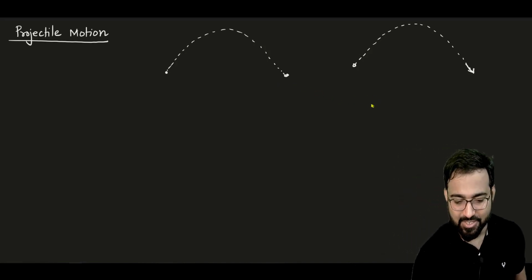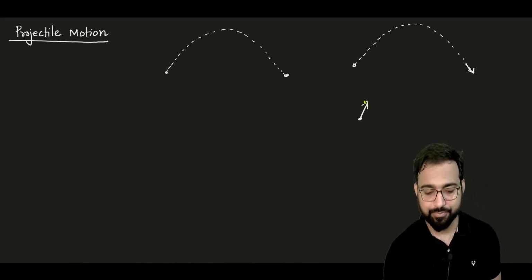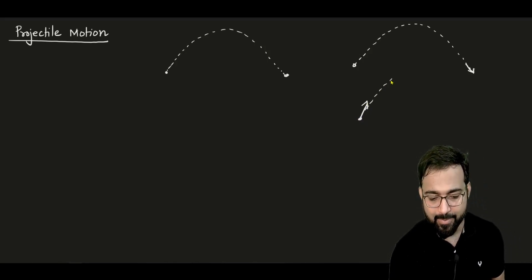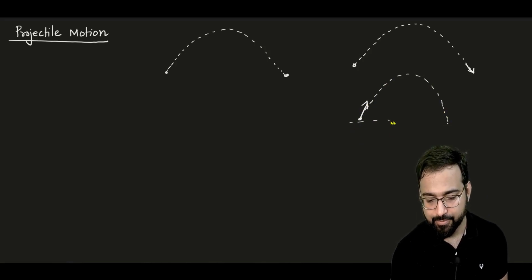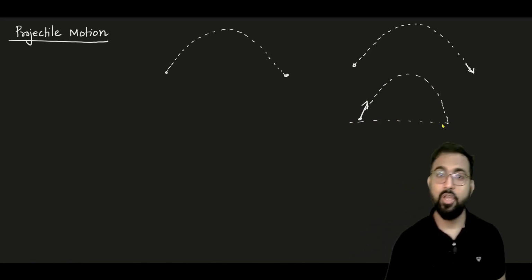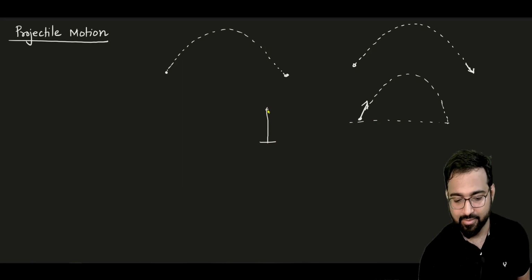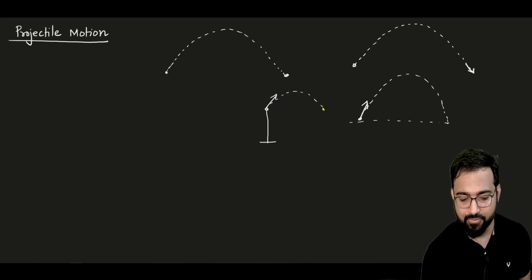Let us say you're standing on the ground and throwing something like this. We can see a similar path being taken in this case also. Along with that, you can also throw an object from, let us say, the top of a building, and you can experience a similar sort of trajectory being taken.